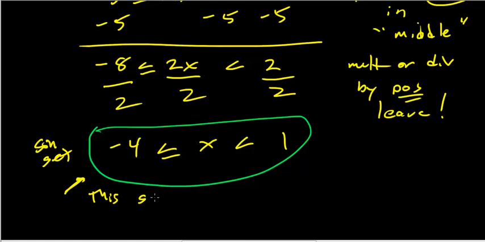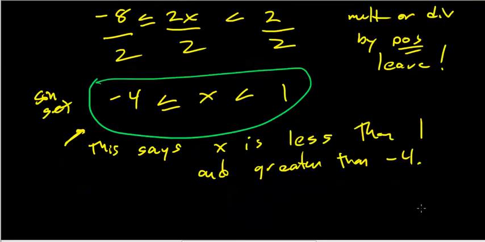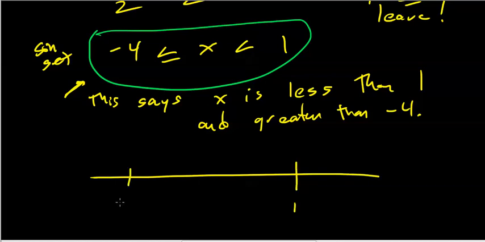This says x is less than 1 and greater than minus 4. Okay? Alright, what I can do is graph this easily on my number line. Well, basically I'm talking about all real numbers on the number line between positive 1 and minus 4.